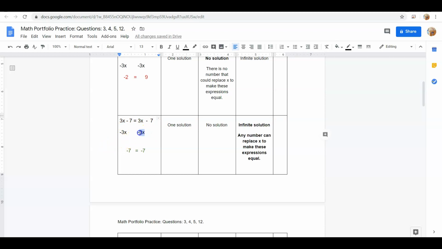Again, in this case, 3x is the same on both sides. So we still go through the same steps, and we figure out that -7 is equal to -7. When they are actually equal to each other after these steps, or you see the same expression on both sides, you should know that there are infinite solutions, and that any number can replace x to make these expressions equal.